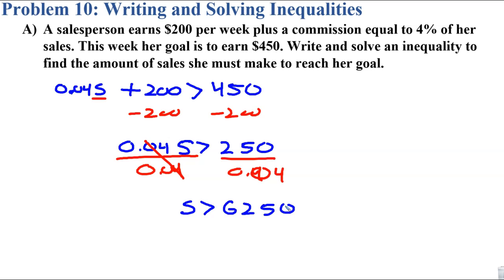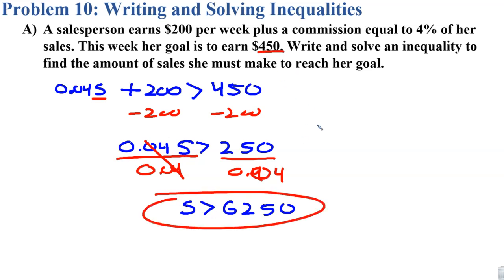So if I sell more than $6,250 worth of sales, that's going to leave me at or above my goal here.